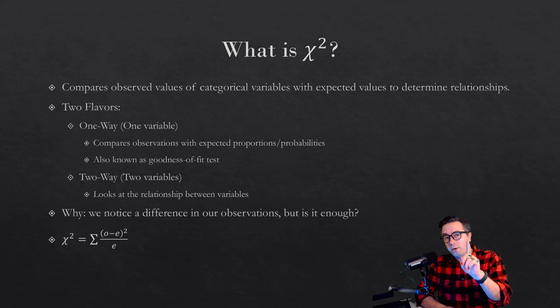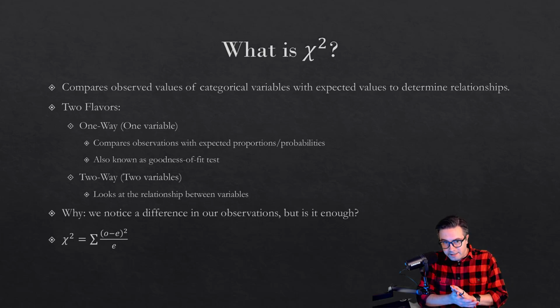The idea is one way is with one variable, 2-way is with 2 variables. There's not a 3-way or a 4-way. We actually cover that later. But for the moment, we're just talking about 1-way and 2-way. That's the only way that you can do a chi-square test. Okay.